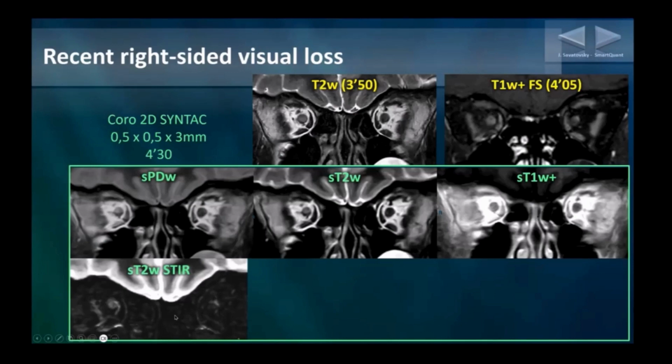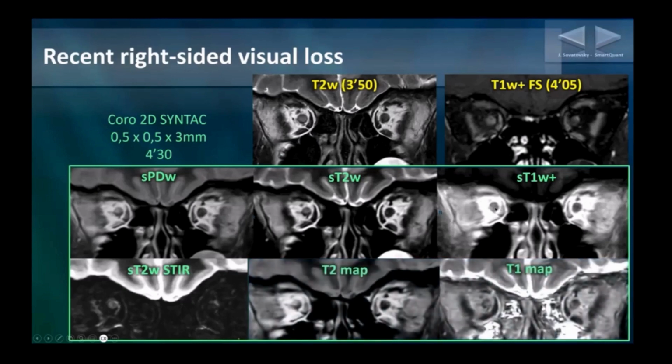So there is a lot of controversy on whether you should do T2, T2 STIR, and with SyntheticMR I can get all those sequences in one single acquisition, and I can even get the T1 weightings. For now we cannot activate fat suppression, but I believe it will come very soon.